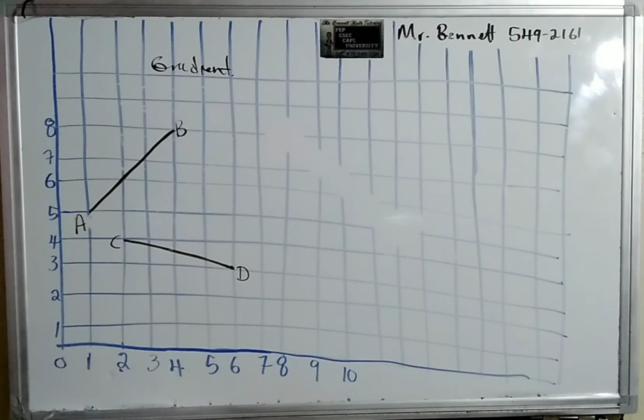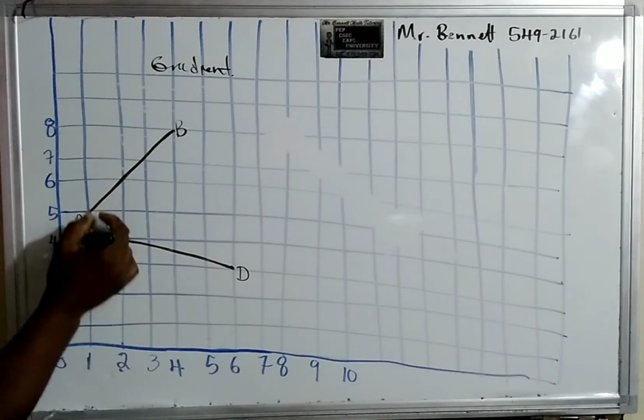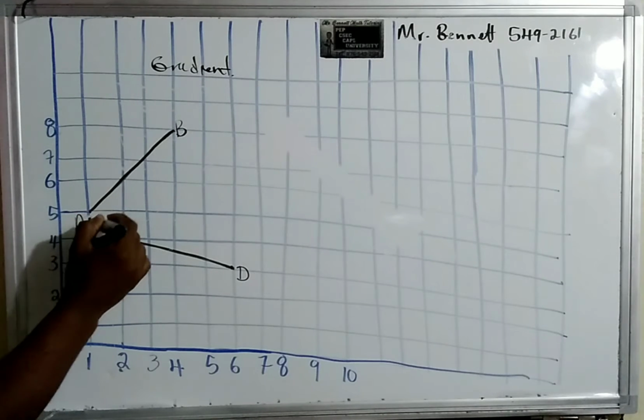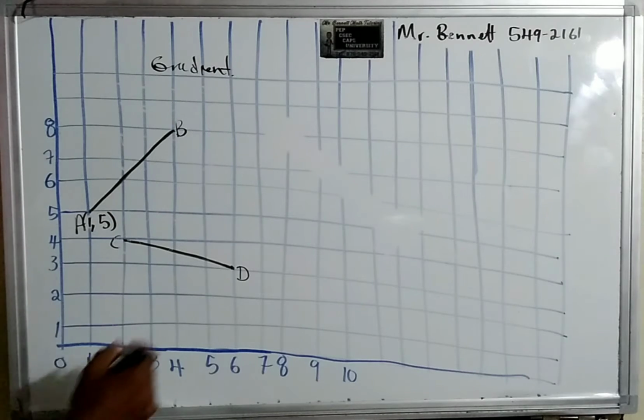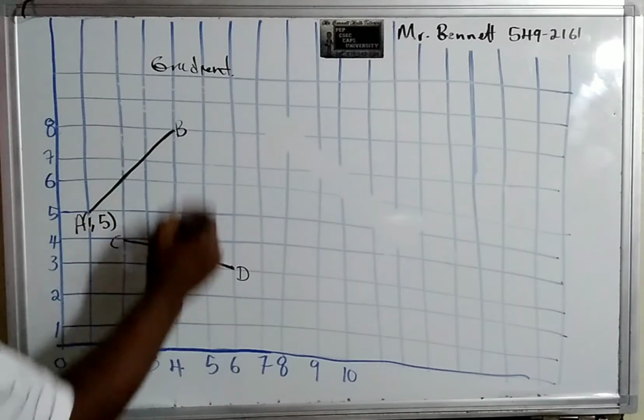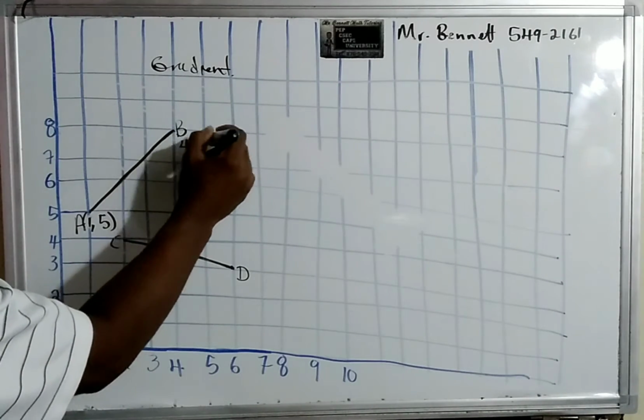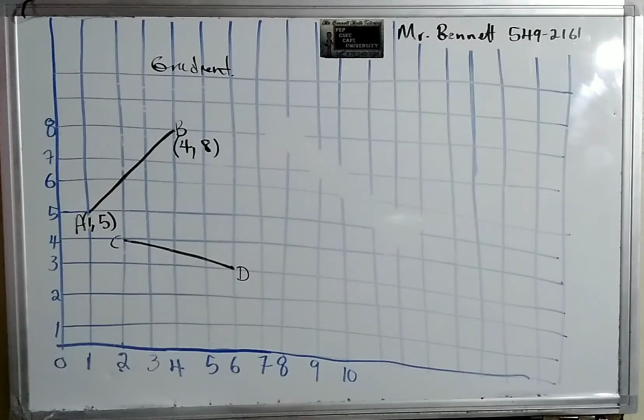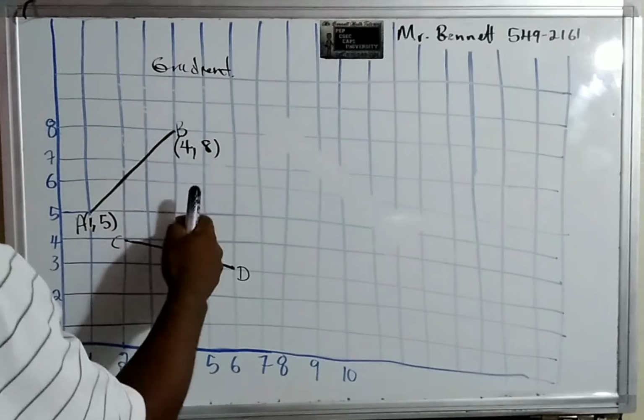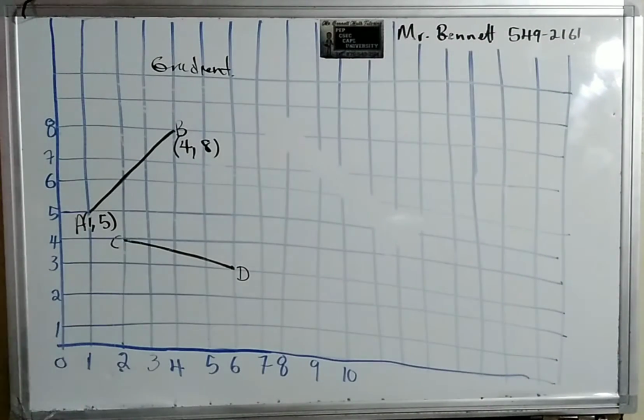Before we can find the gradient, let us put in the coordinates. Point A is at 1, 5. Point B is at 4, 8. Now this formula states it's the change in y divided by the change in x.